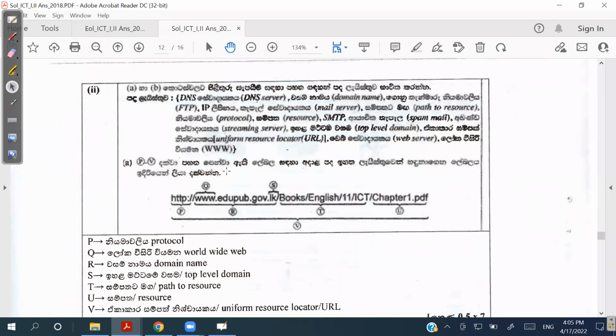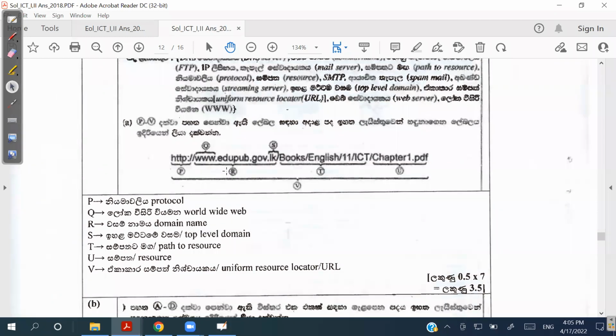And here in the second part, I'll go with the marking scheme as well. It has given you a very big URL and asks you to name the components, which starts from P and goes until V. So P is the protocol, the HTTP, and the Q, that is the World Wide Web, right? Or you can say the service, but since there is no service over here, you can go with the World Wide Web.